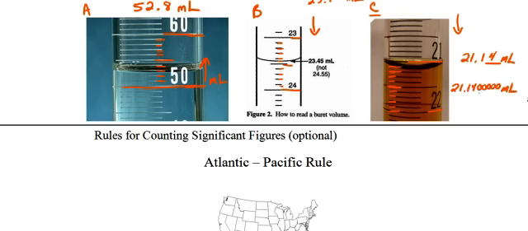This says that I'm sure of all of these zeros and I estimate it to that last zero. That would be incredibly accurate, but that's not the case. I'm actually estimating the 4, not this very last zero. So how do you know which numbers are significant and which ones are not?